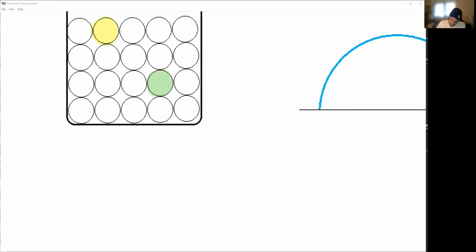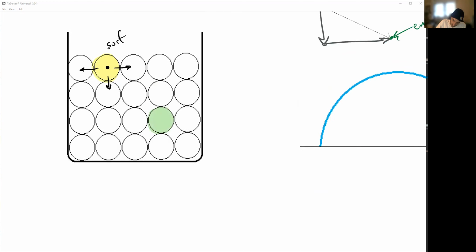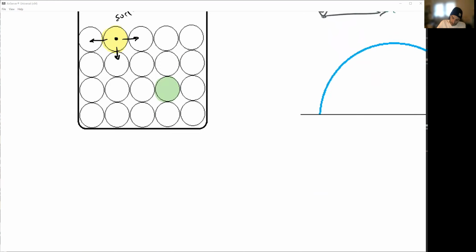So if we take a look at the one on the surface first, this one on the surface is being pulled. We have interactions with the guy on the right, with the one on the left, and the one below, and that is my surface molecule, okay?